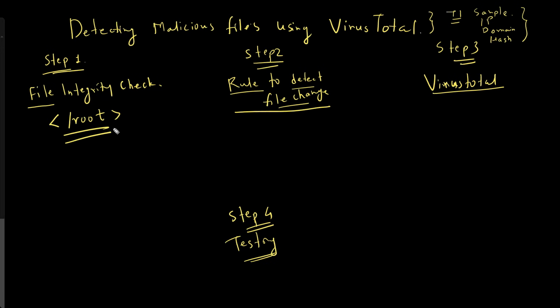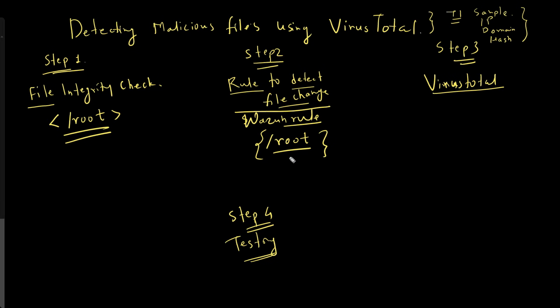Once this has been done, we are going to create a Wazuh security rule that will keep track of all the changes happening in the root directory only, because we already know that Wazuh has a rule for detecting any file changes, but we are going to make it very specific to the root directory.